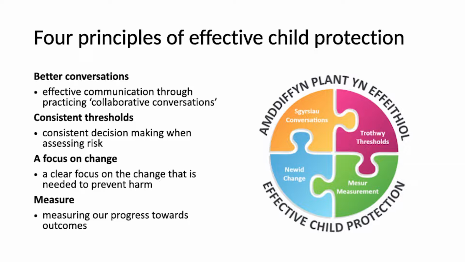These 4 components are represented as 4 jigsaw pieces. Each piece of the jigsaw represents an important element. Individually applied, they will enhance child protection practice. And the model brings all of these together as a framework for intervention.